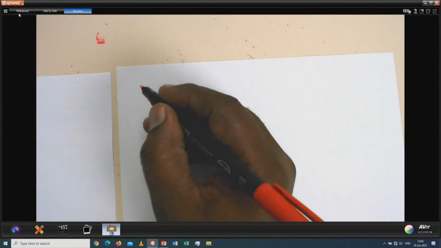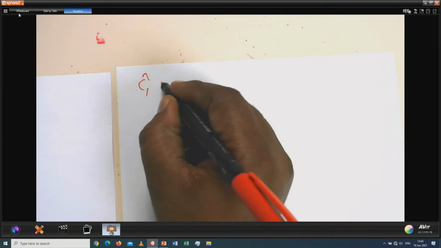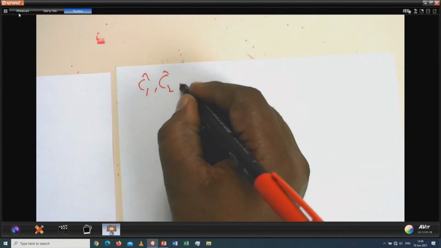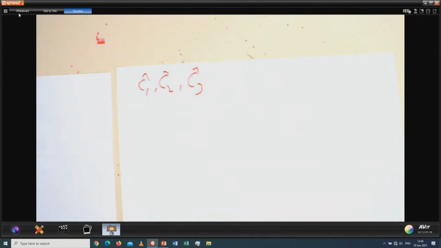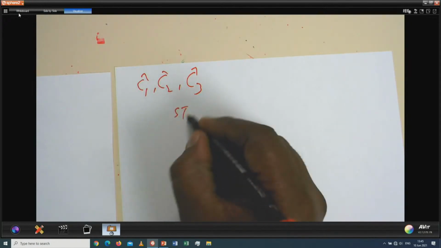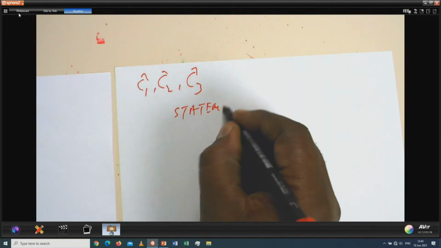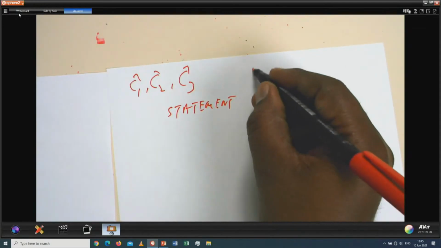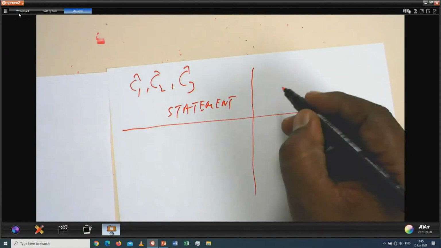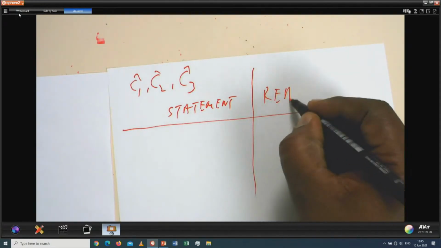Right, I've written on this one. Okay, the next question is looking for C1, C2, and C3. They also need a statement, and of course your reason.